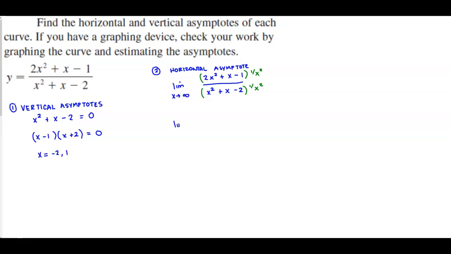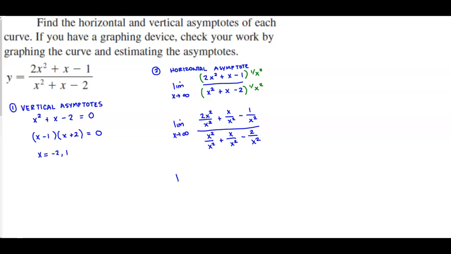Now we end up with the limit as x approaches infinity of 2x squared over x squared plus x over x squared minus 1 over x squared, divided by x squared over x squared plus x over x squared minus 2 over x squared.